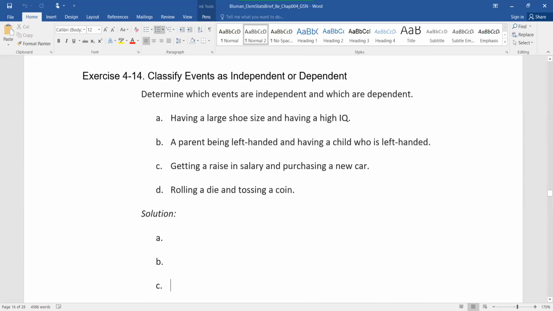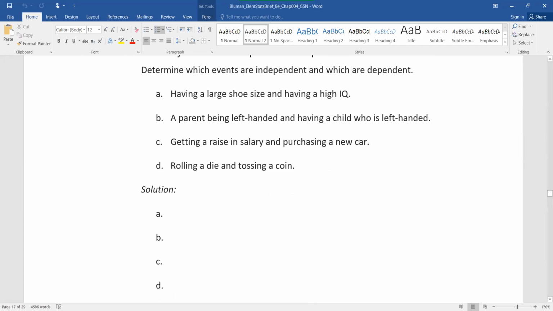All right. So in example 14, it says classify events as independent or dependent. Determine which events are independent or dependent. This is a great true false question, maybe a multi select question where it's just like independent, dependent, or whatever the answers are.